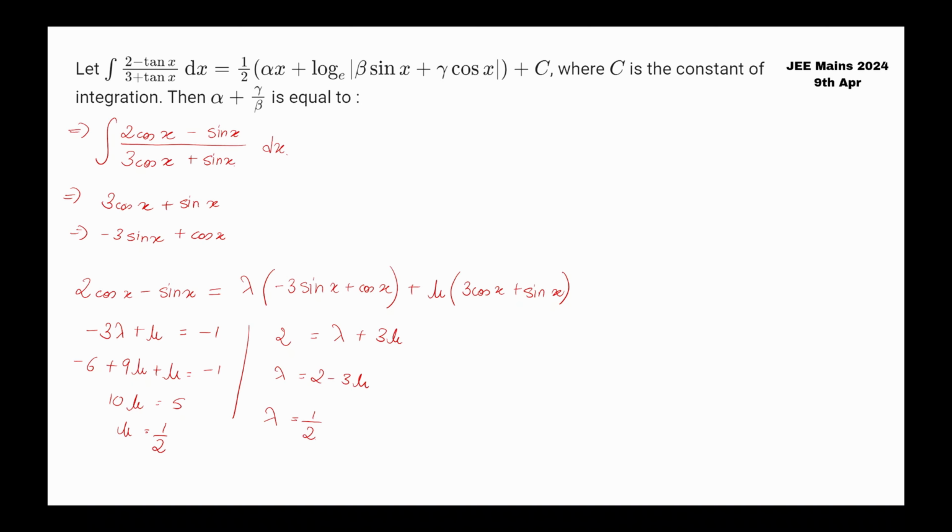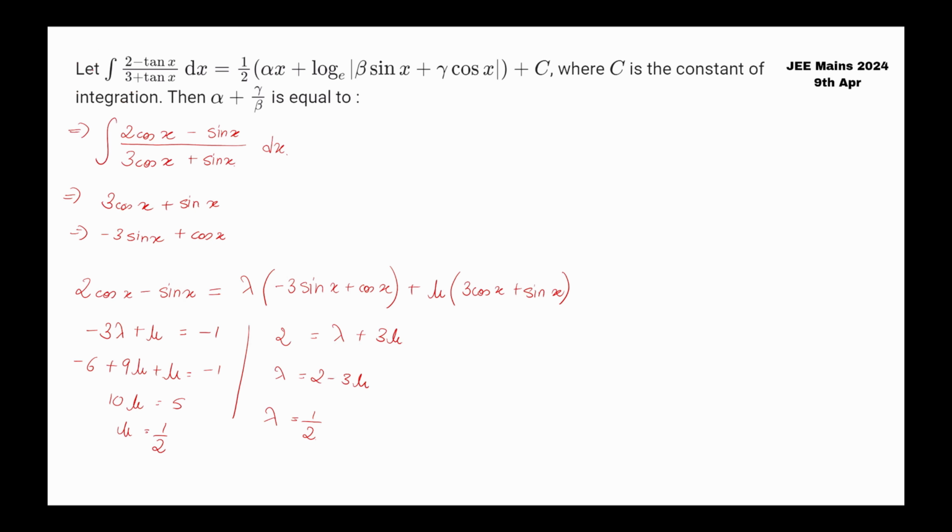Now I can separate my numerator into two different terms. So what would my integration now become? I can take lambda outside, so this would become half of integration of (minus 3 sin x plus cos x) upon (3 cos x plus sin x) dx. And here I am going to have half of integration of (3 cos x plus sin x) upon (3 cos x plus sin x) dx.